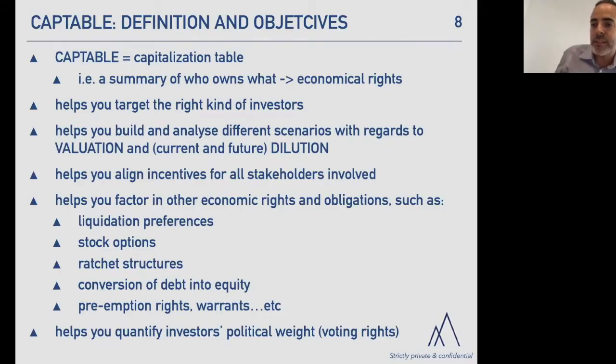How do you do that? You do the maths. You calculate how much he weighs in that class of shares, and you can actually specify in the term sheet and in the shareholders agreement: you need 2/3 of the preference A shares in order to veto this decision, for example, right?